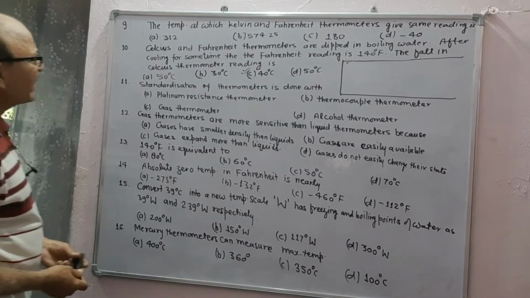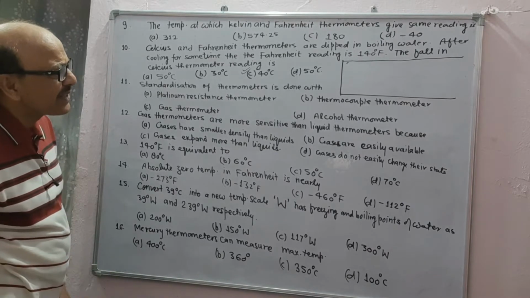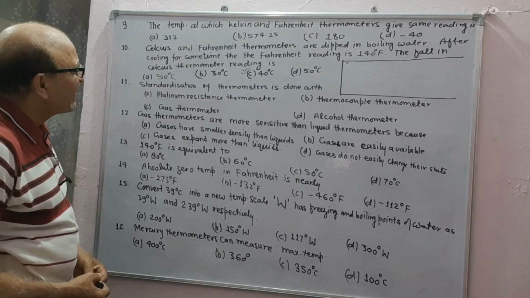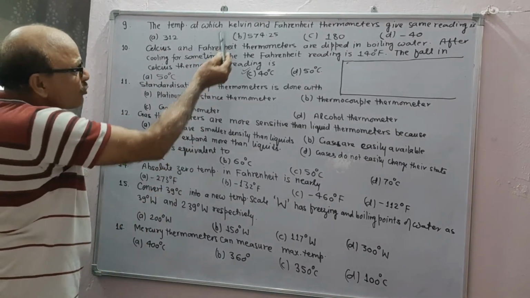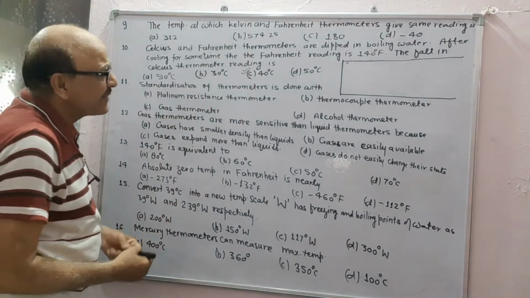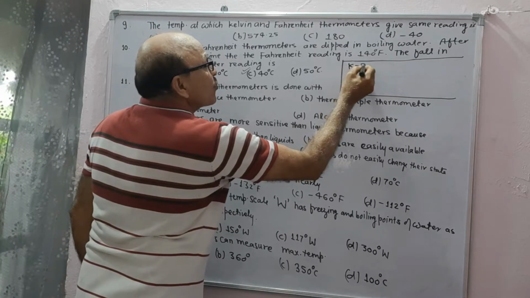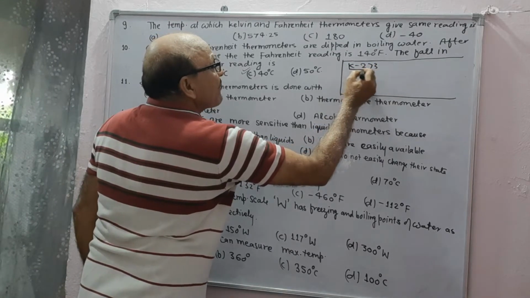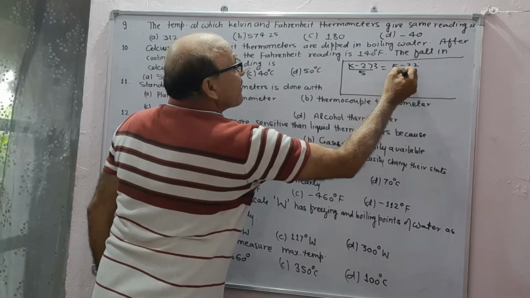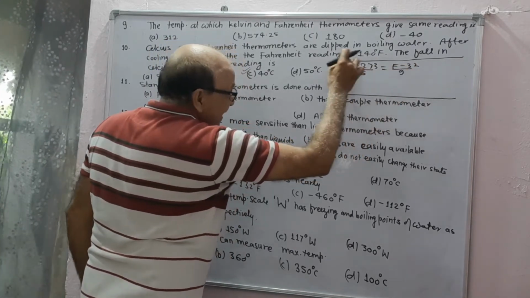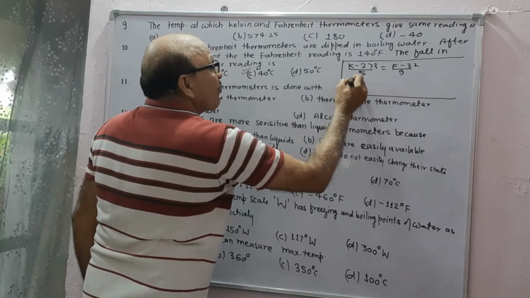Next question number 9 is the temperature at which Kelvin and Fahrenheit thermometers give the same reading. Options are these. Now, here the two thermometers are Kelvin and Fahrenheit. Therefore, we use (K minus 273) upon 5 equal to (F minus 32) upon 9. If we bring this 9 here, it becomes 9 upon 5, which is 1.8.